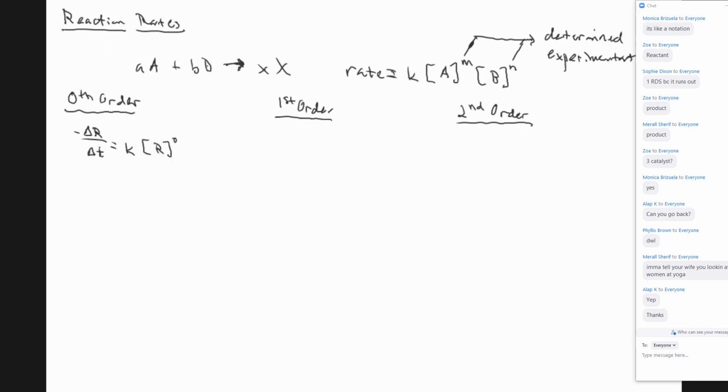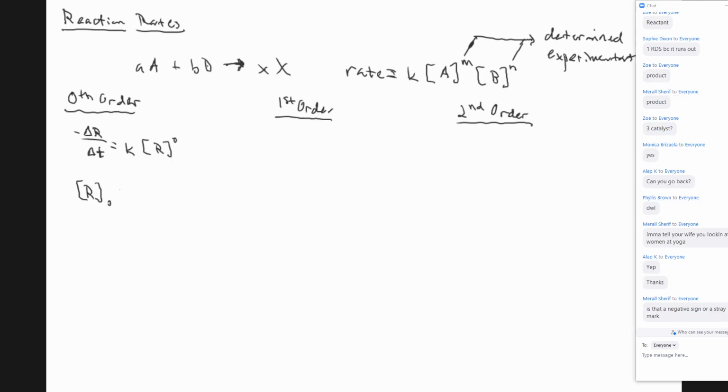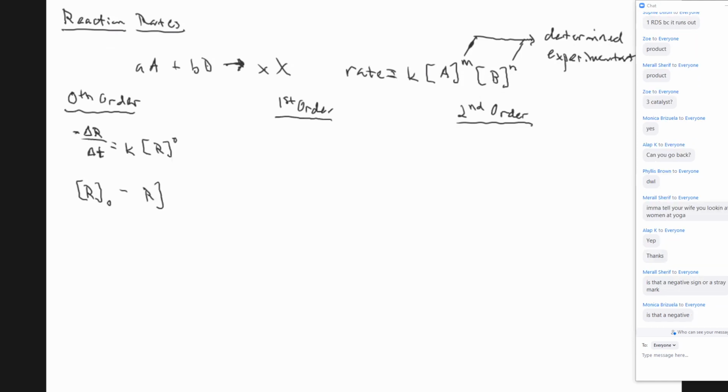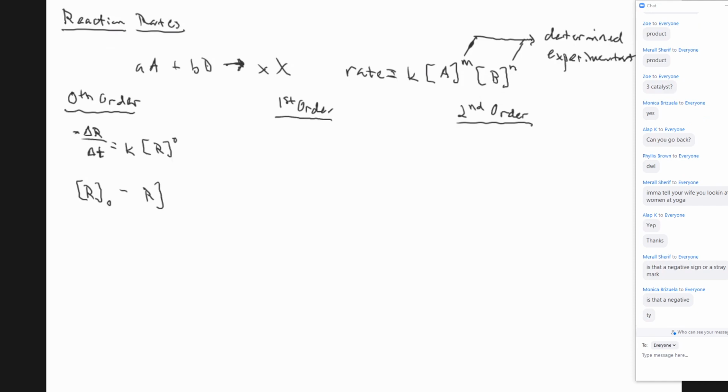So if we do our calculus, I'm going to skip all the steps of the calculus and linearize it for you. That's a negative sign because reactants are always decreasing. You're going to decrease the reactants per unit time.